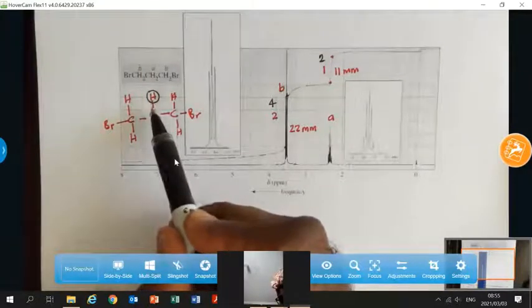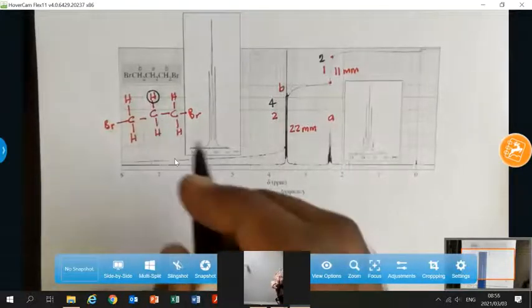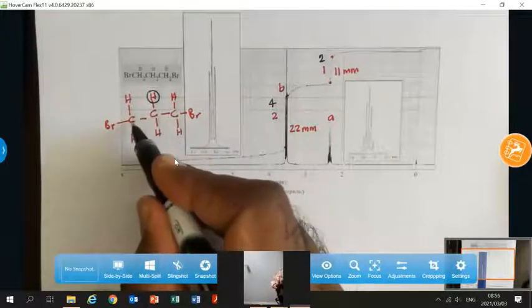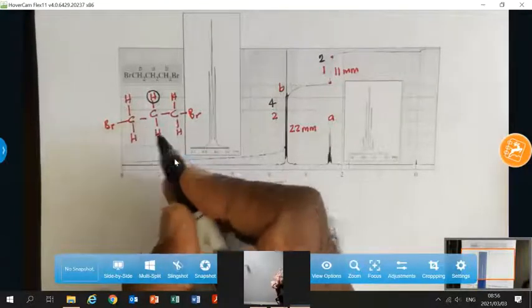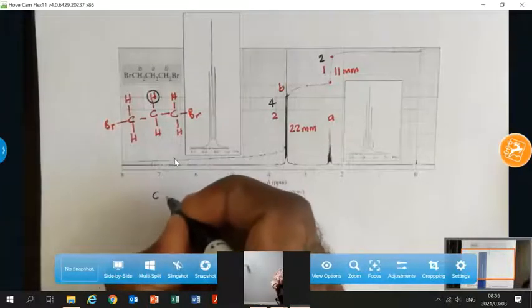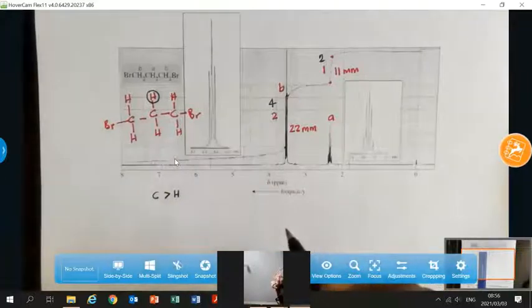Right, and let's see now. This hydrogen is bonded to this carbon, right? And this carbon is bonded to another hydrogen, a carbon and a carbon, right? And in terms of electronegativity, we know that carbon is more electronegative than hydrogen, right?